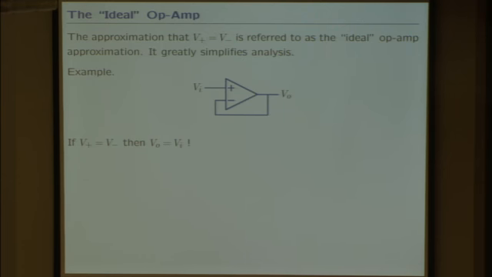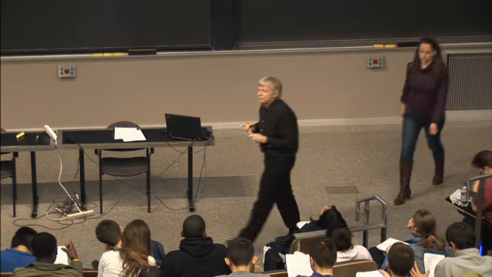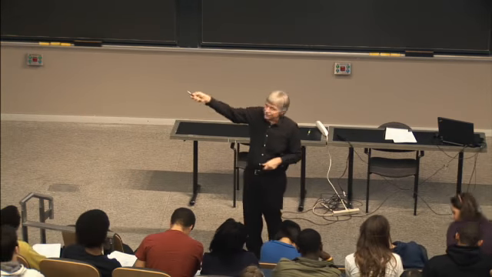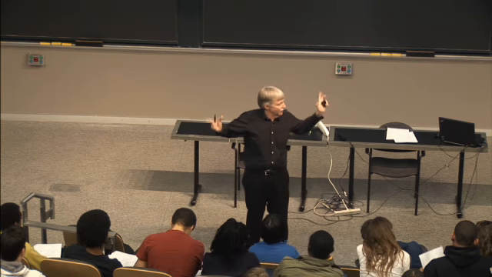V plus equals V minus, so VI equals VO, period, done. It's a very simple way to think about the answer to an op-amp circuit. So if the op-amp can be represented by a voltage-controlled voltage source, and if K is very large, then V plus is roughly V minus. Shortcut, ideal op-amp assumption.